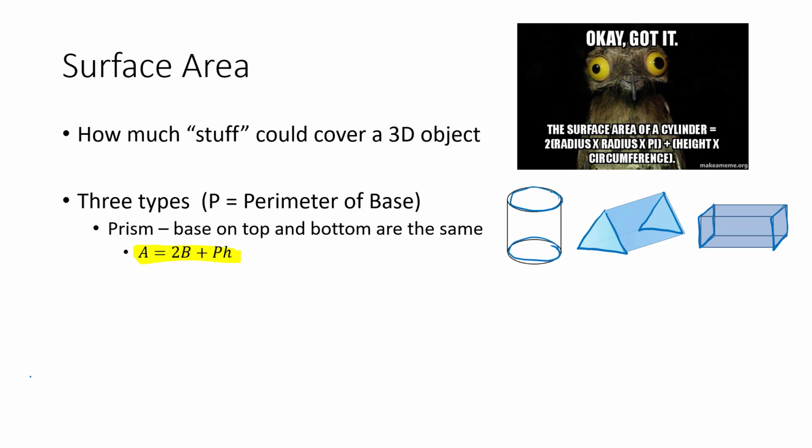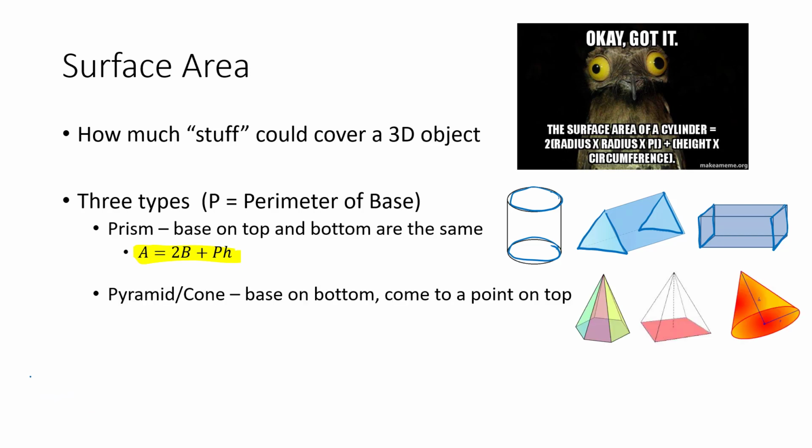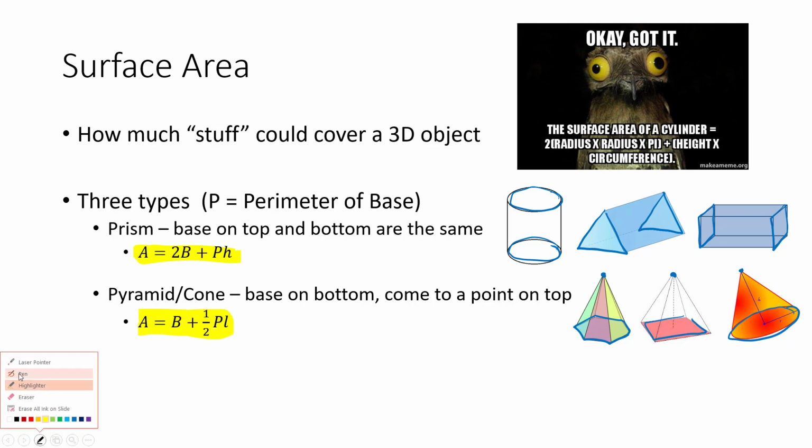The second type, again, is very similar. The pyramids or the cones, we've got some type of polygon shape on the bottom. But then all of them are going to come to a point at the top, making either a pyramid or a cone. And the surface area for these is the area of the base plus 1/2 times P, the perimeter of the base, times L. And L is a new variable for us.